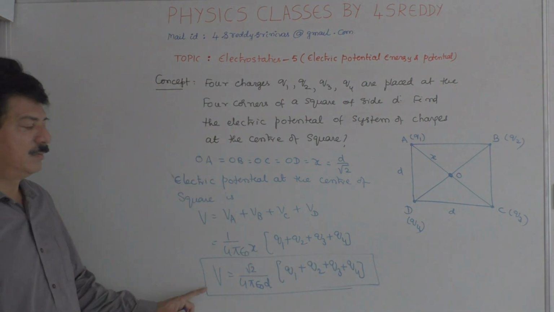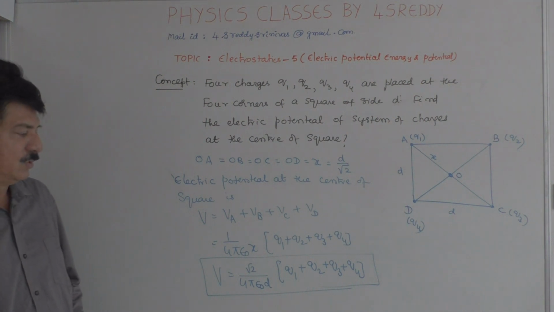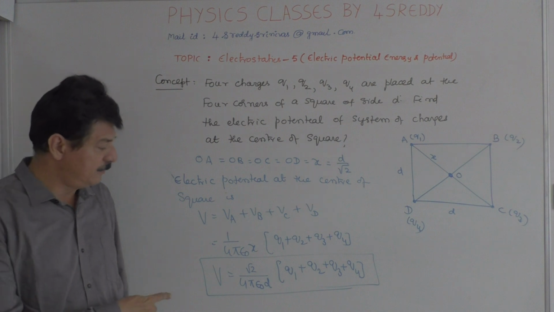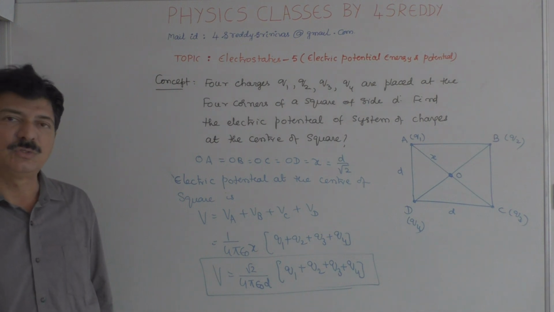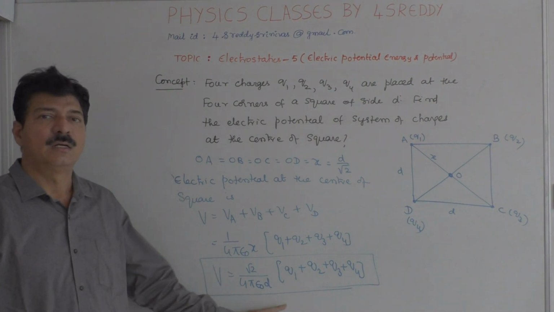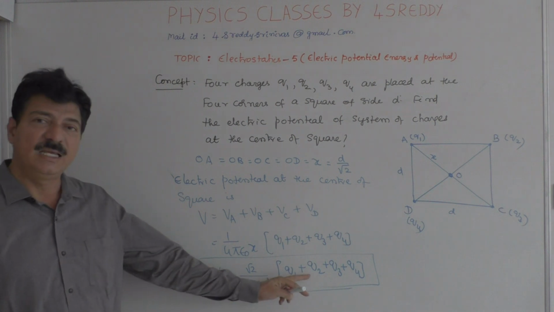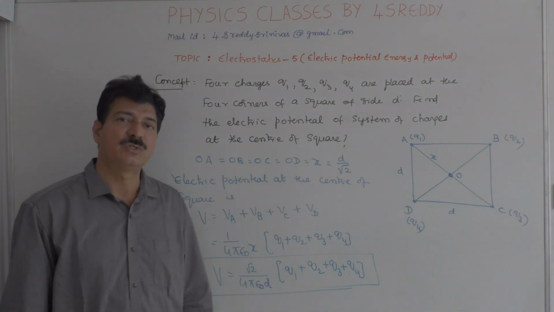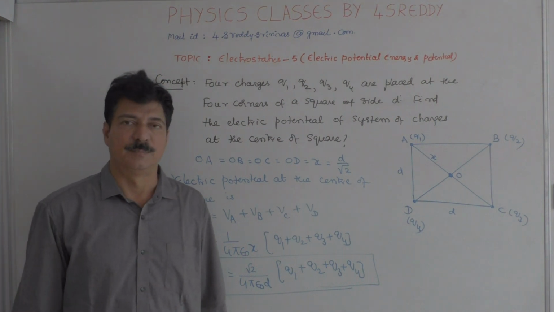This is another point here. So when you consider this point here, for any given numerical values of Q1, Q2, Q3, Q4, you can easily calculate the potential here.